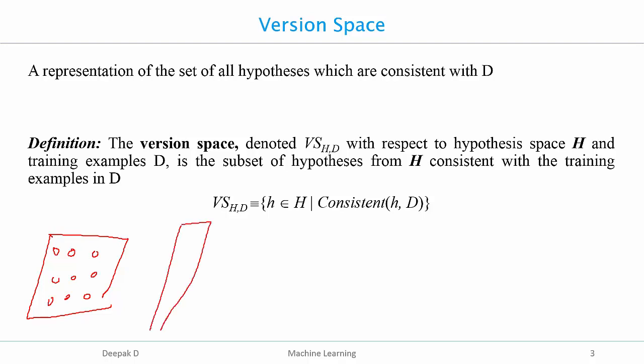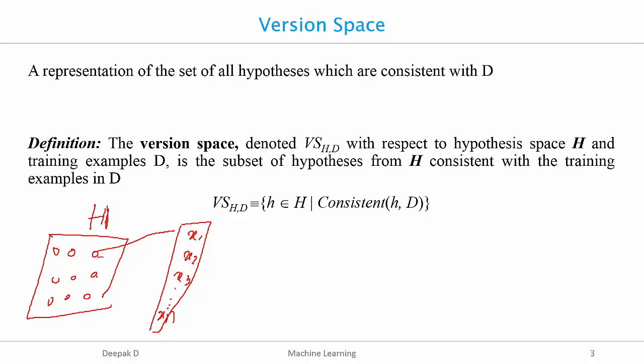Assume that the set of all hypotheses is denoted as H, and these hypotheses are consistent with your instances x1 to xn.